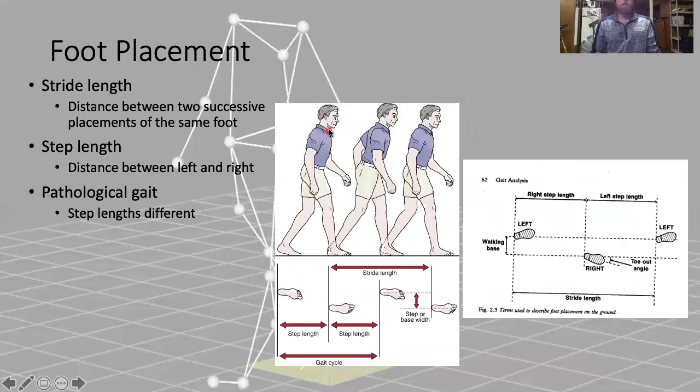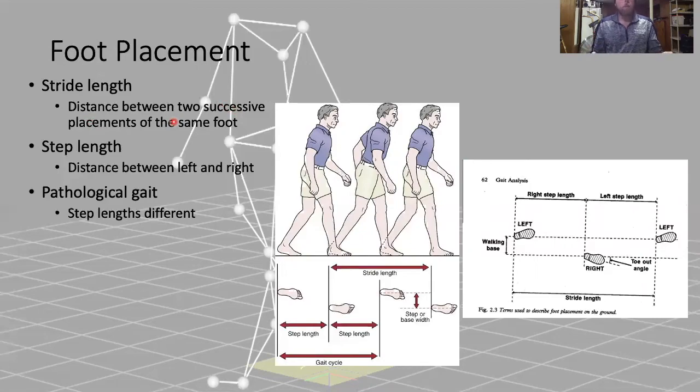A couple other pieces of terminology. If we're talking about foot placement, stride length is the distance between two successive placements of the same foot. Stride length is heel strike, right leg, to heel strike, right leg. Stride length is the same thing as 100% of the gait cycle.